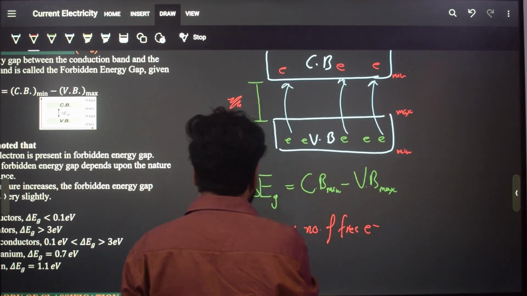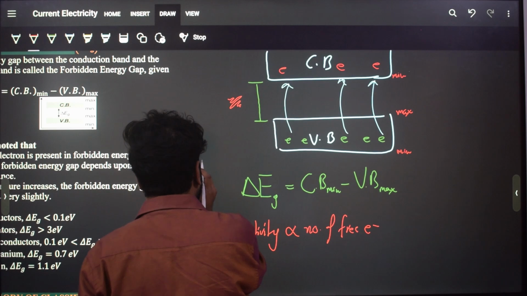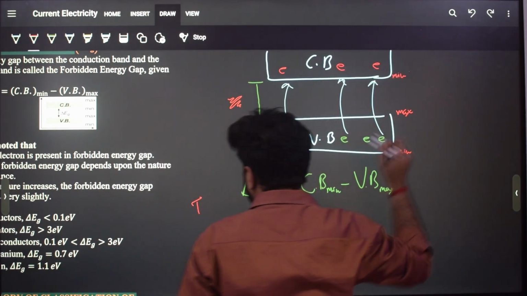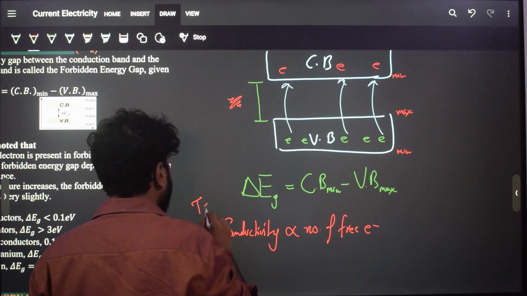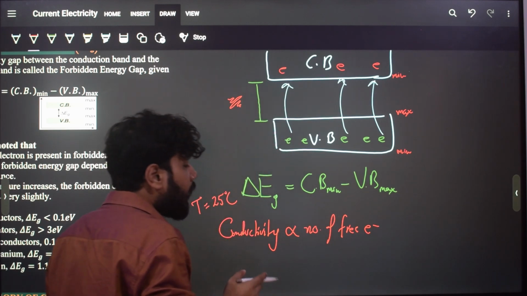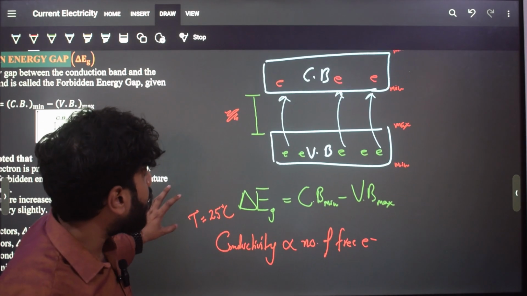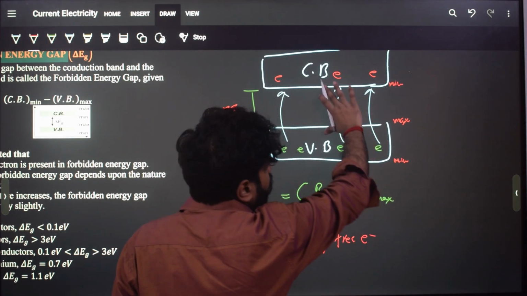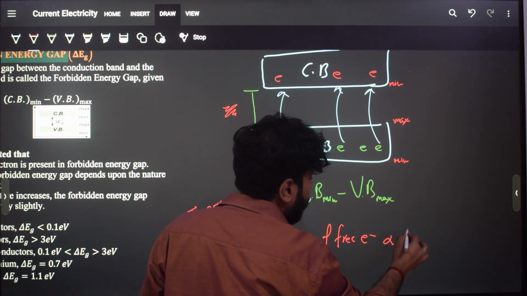So if we are talking about a normal temperature, not a high temperature, around 25 degrees Celsius, conductivity directly depends on the number of free electrons. And you can see the number of free electrons will depend on how small the gap is. So you can see it is inversely dependent on what?